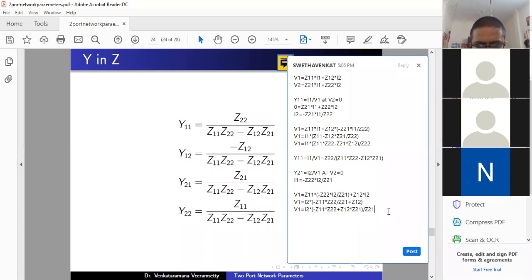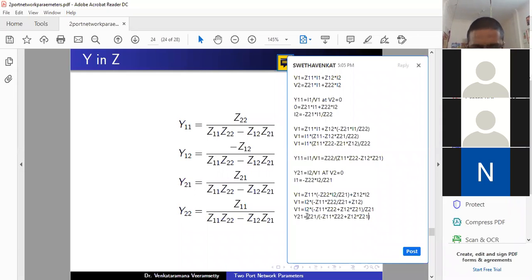So now, as per the definition, Y21 equals I2 by V1. I2 is here, V1 is here, so move this V1 toward this side and this one toward the left-hand side. Then we have Y21 equal to I2 by V1, that is Z21 divided by minus Z11 into Z22 plus Z12 into Z21.